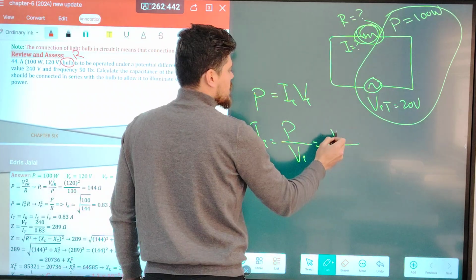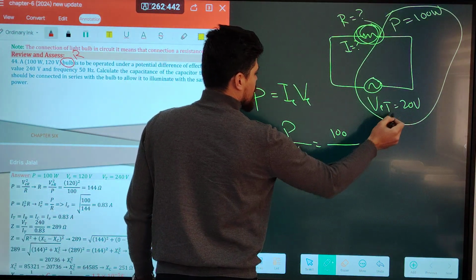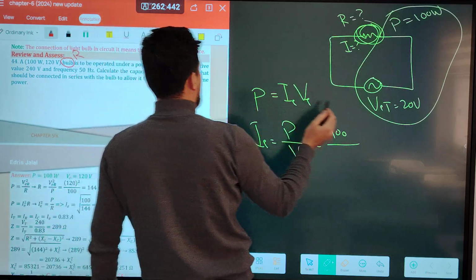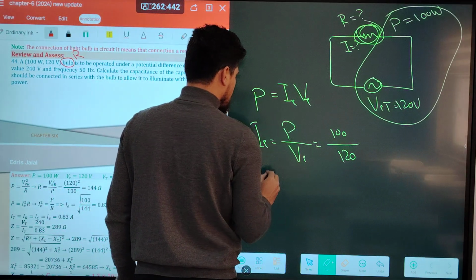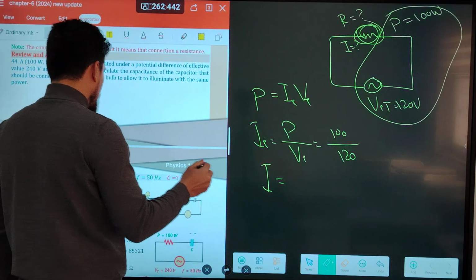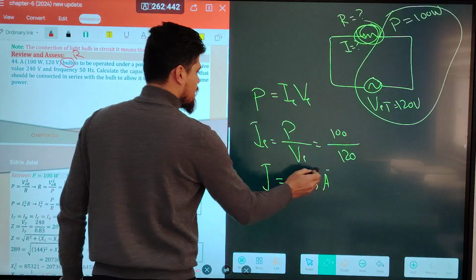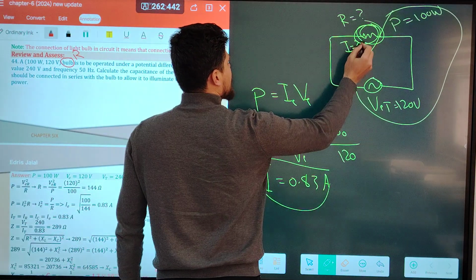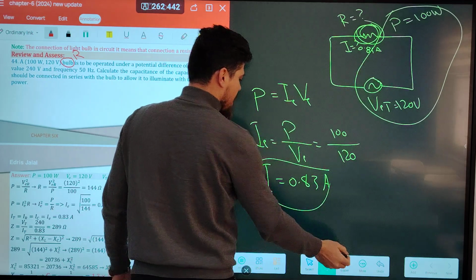Do we have power? Yes, 100, divided by the potential difference, which is 120. Sorry, this is not 20, this is 120. The current is equal to 0.83 ampere. This is the value of the current that passes through this bulb.